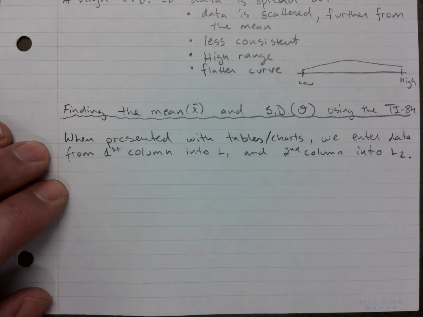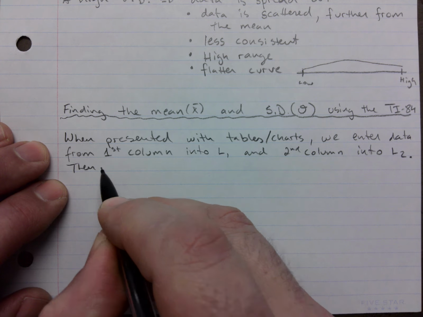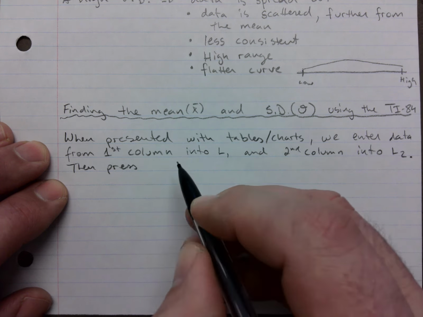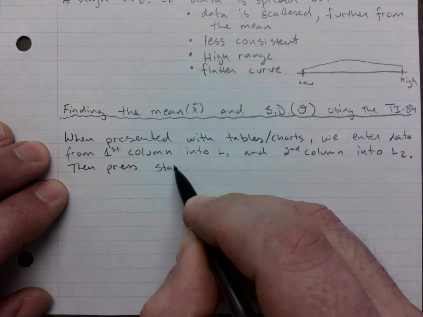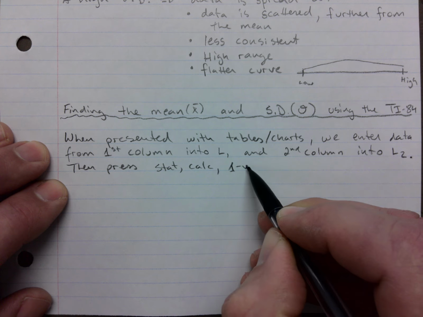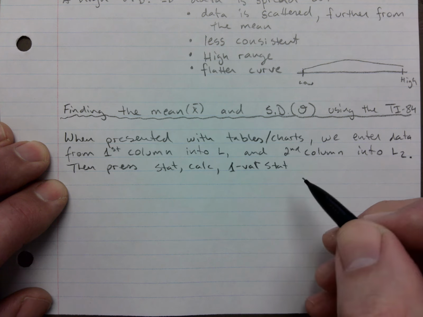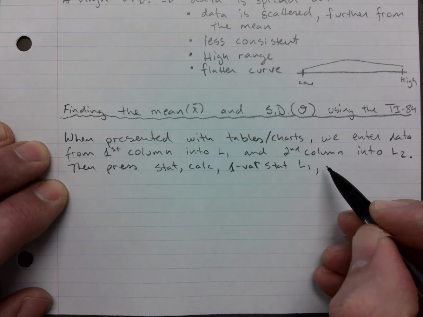Okay, so you'll have two columns, so you have to enter them both into L1 and L2, right? And then press stat, calc, one variable stat, L1 comma L2.